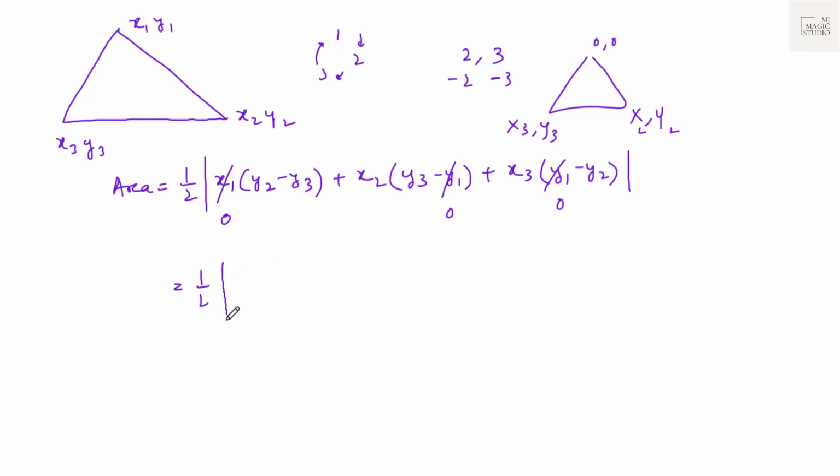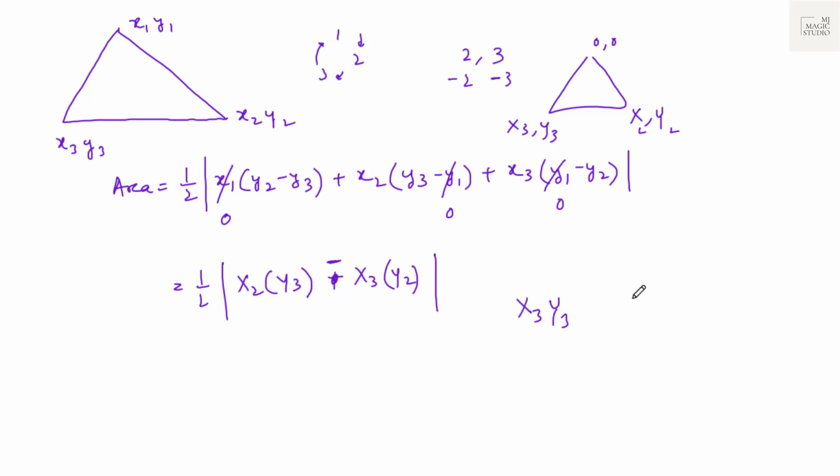So ultimately the area of the triangle will become half into, this becomes already 0, 0 into something is 0. It becomes X2 into Y3 plus X3 into Y2 with a minus sign. Clear? So the formula becomes very simple.